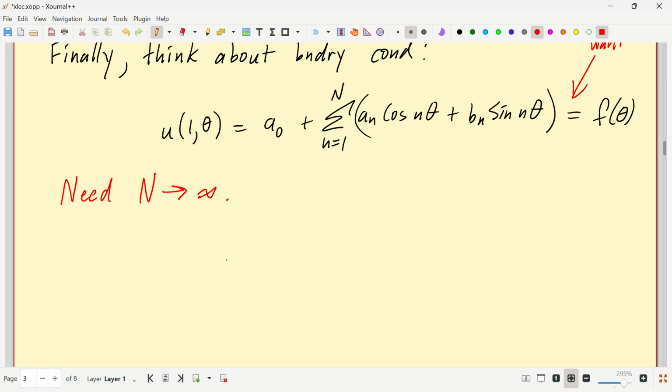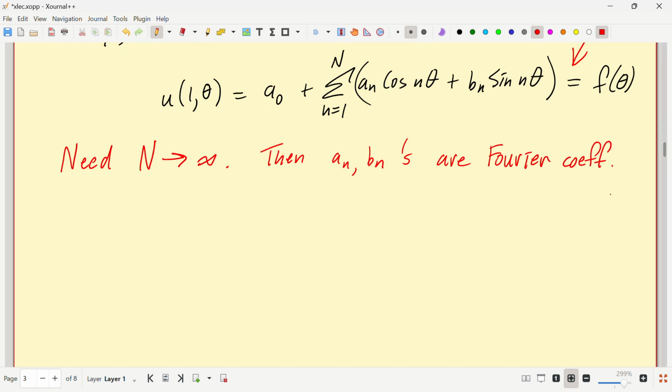And in fact, when we do that, the A_n's and the B_n's are the Fourier coefficients. So here's the summary.